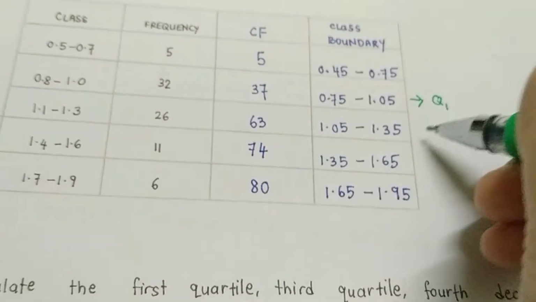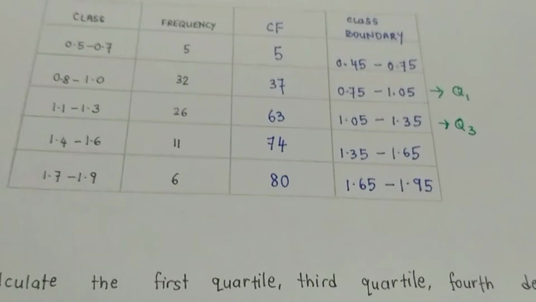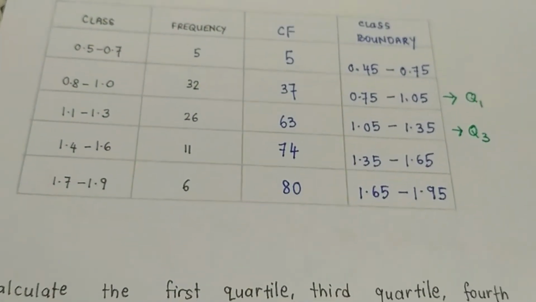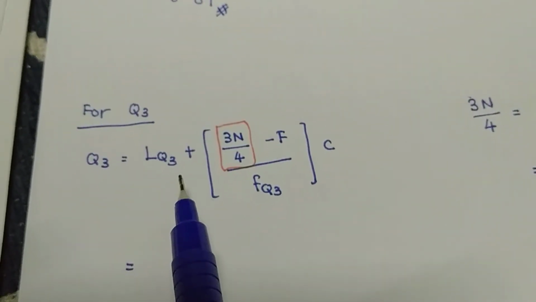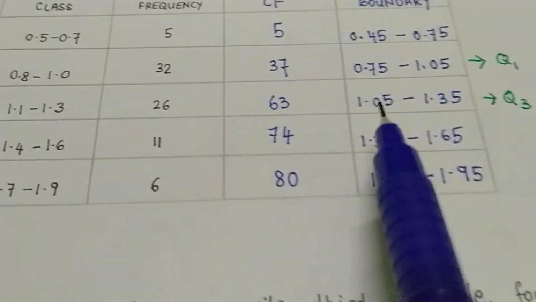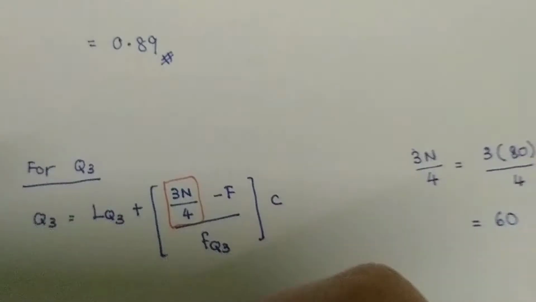Okay, so this is our Q3 class. For the formula, LQ3 is the lower boundary of the Q3 class. So this is our class, the lower boundary is 1.05.